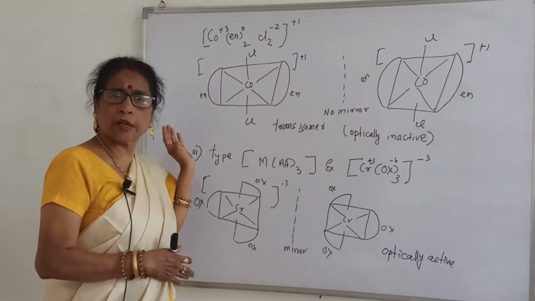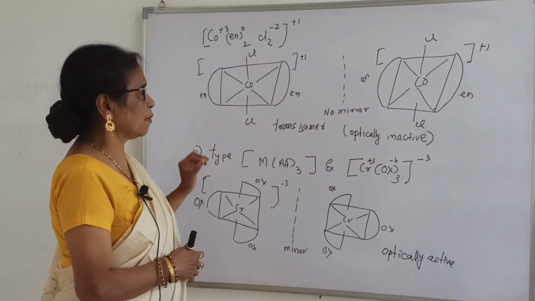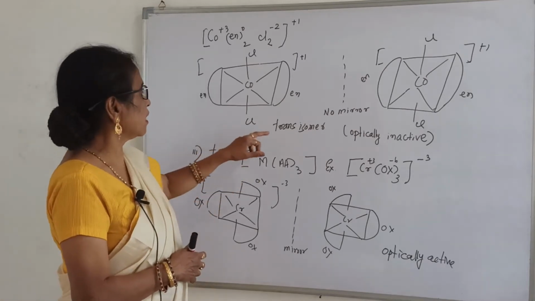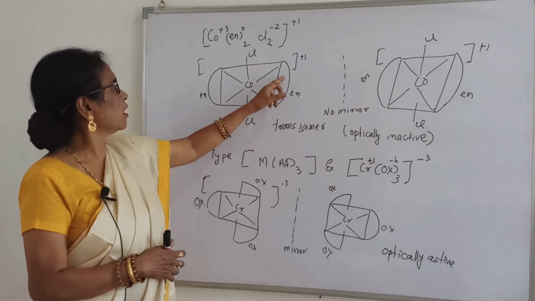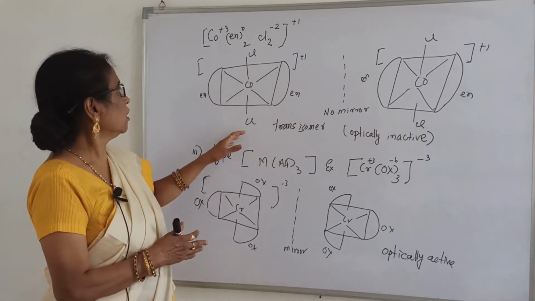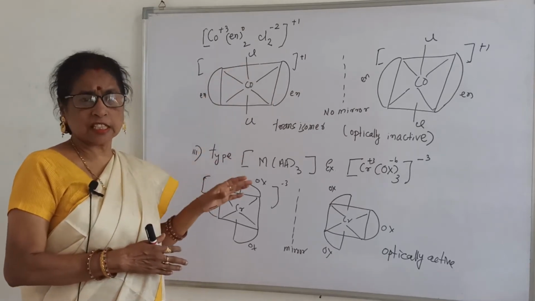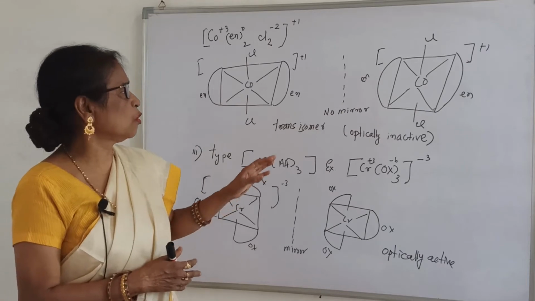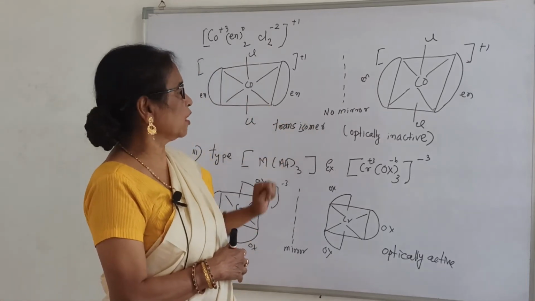The cis isomer, I told you, is optically active and shows a mirror image, whereas in the trans isomer, see here, these two are opposite to each other, that is the trans form. It never shows a mirror image.